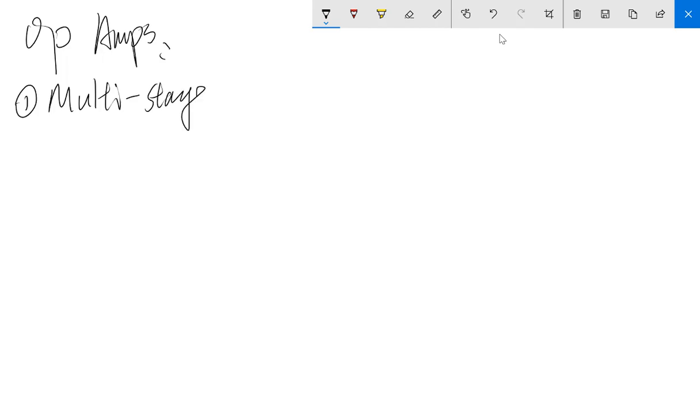Multi-stage op-amp. So it doesn't have to be like whatever we use in the lab. You have the first stage, which is a regular amplifier, and the second stage, you got, what is that called? The instrumentation amplifier, and the very last stage, you got a comparator.